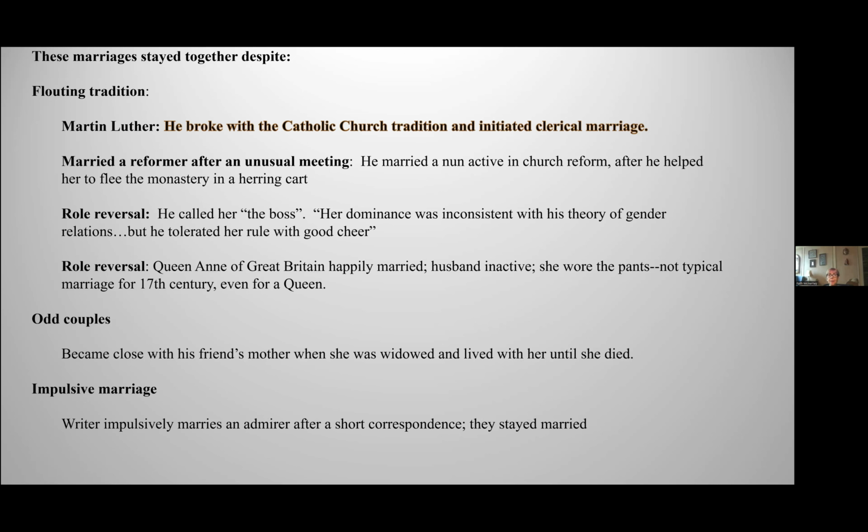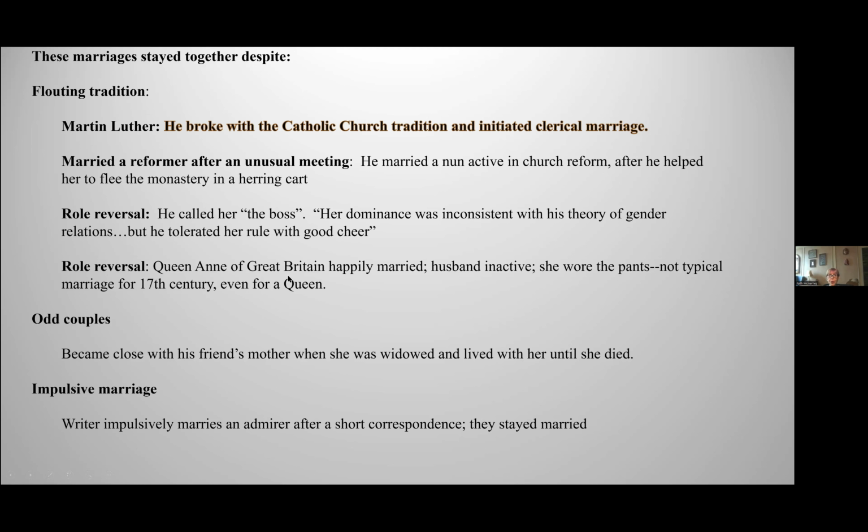He helped her flee, hiding her in a herring cart, and that was their unusual meeting. They had a role reversal relationship. Her dominance was inconsistent with his theory of gender relationships, but he tolerated her rule with good cheer.